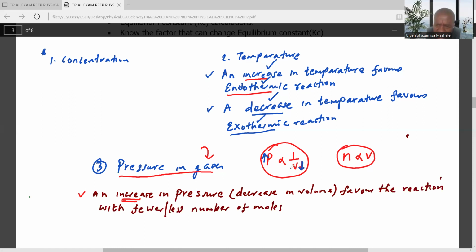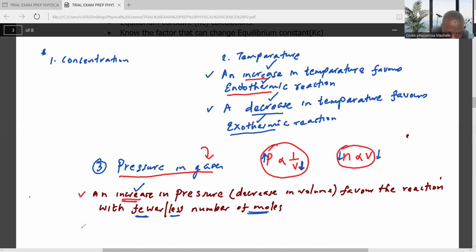And ask yourself, if there is a decrease in volume, because I said number of moles and volume are directly proportional, it means even the number of moles will decrease. That's why an increase in pressure, according to Le Chatelier's principle, always favors the reaction with fewer or less number of moles. So increasing pressure, you must favor the side that has fewer number of moles.